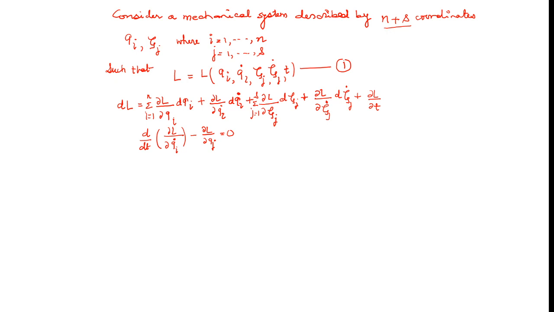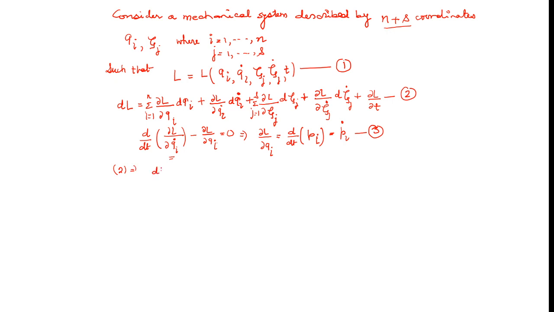This is for a conservative system. Or delta L delta qi is equal to the derivative of delta L delta qi dot, sorry, this is not j, this is i, this is pi, so pi dot, right? So I'll use it in 2.